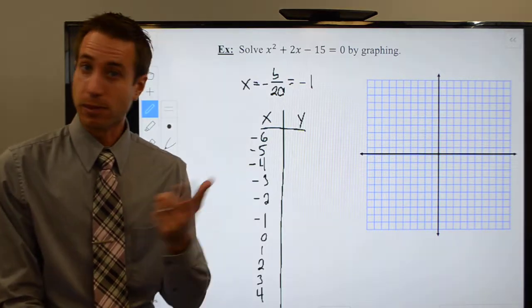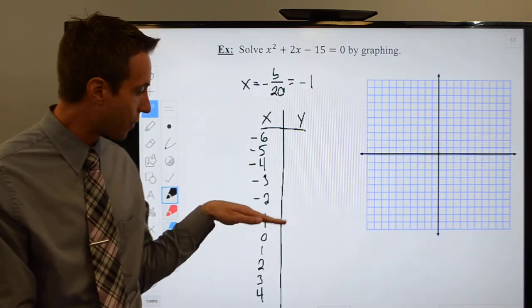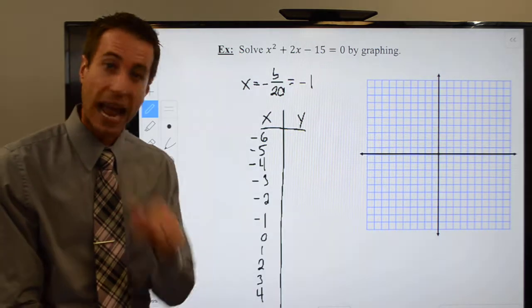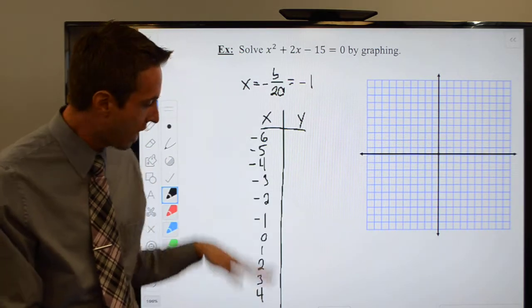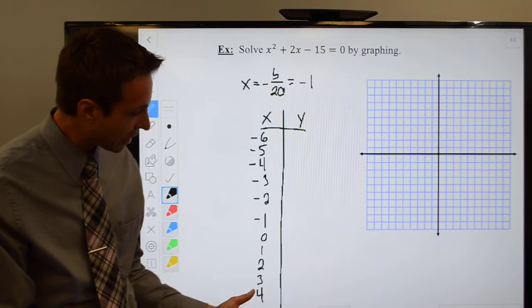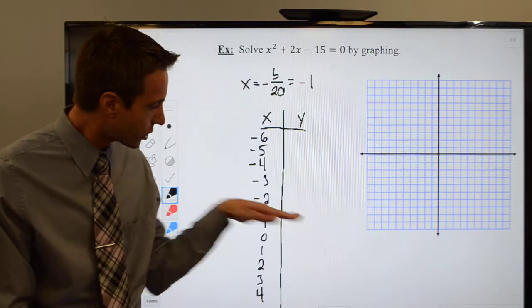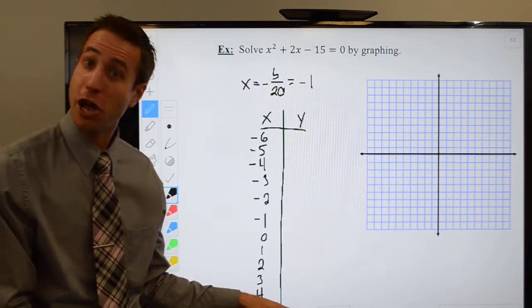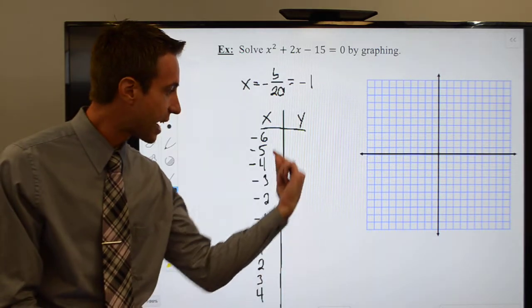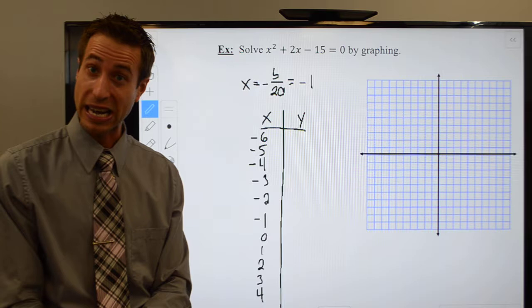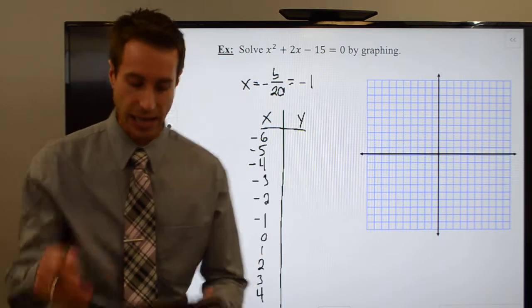Okay, great, awesome. Let's start with my vertex. My axis of symmetry is negative 1. And I think these numbers down here are going to be a little bit easier to use. So I'm going to start at my axis of symmetry and go down, knowing that all of these guys up here will just be the mirror image of whatever's on the other side. So here we go.